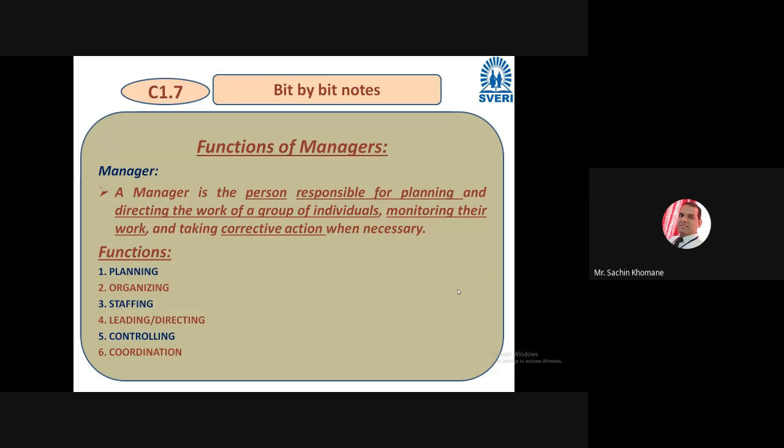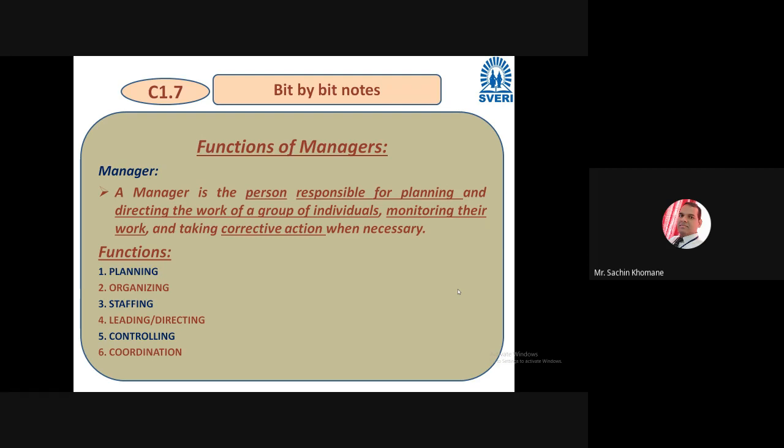During monitoring, if the manager observes something problematic, something going wrong, then the manager has to take corrective action. So that person is a manager: a person responsible for planning and directing the work of a group of individuals, monitoring their work and taking corrective action whenever necessary.